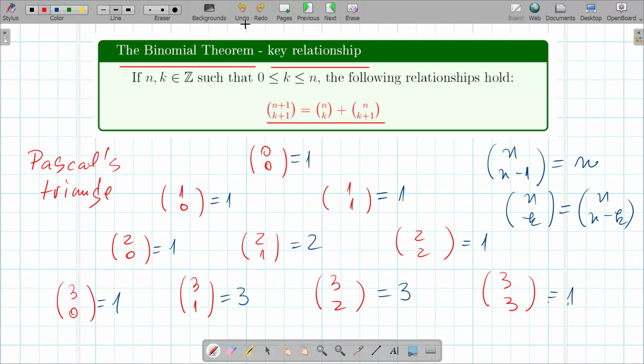But in Pascal's triangle, that was the rule of coming up with new numbers. And it so happens that these numbers seem to be, as you can see, numbers of the kind n choose k. Well, is this a coincidence or not?